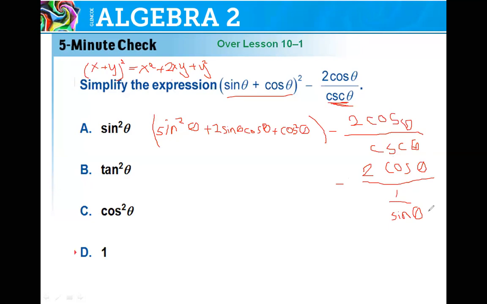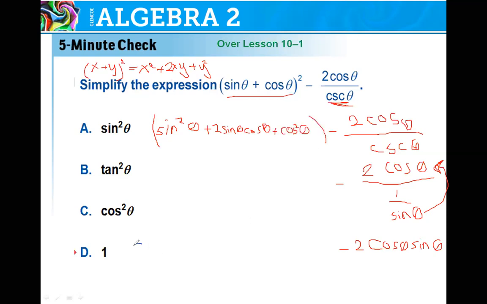For the rules, this sign is going up because it's divided by 1 over sine. It means multiplied by sine. So the result will be 2 cosine theta sine. Yes, excellent. So pay attention now. I just drop the bracket.